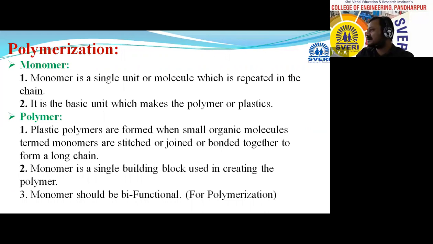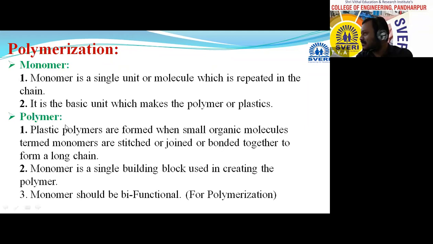You can compare it with the unit cell in metallurgy, meaning it is a repeating unit from which the material is formed. When a number of monomers come together, they form a chain, or when a number of monomers are stitched together, the result is a polymer.